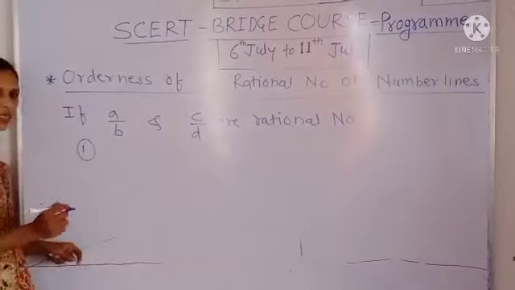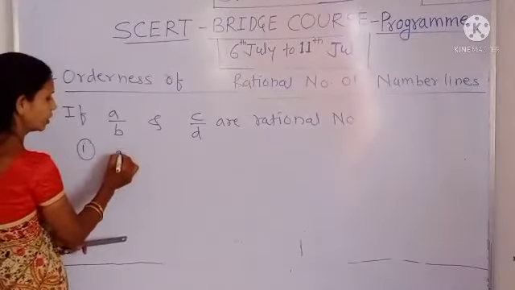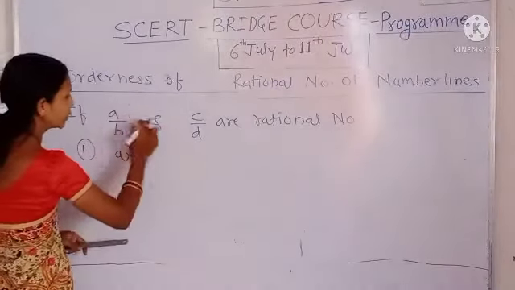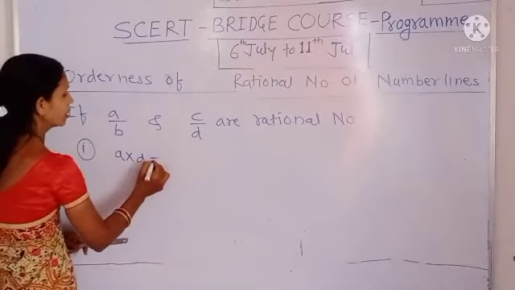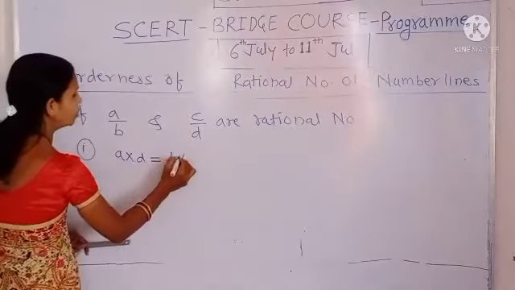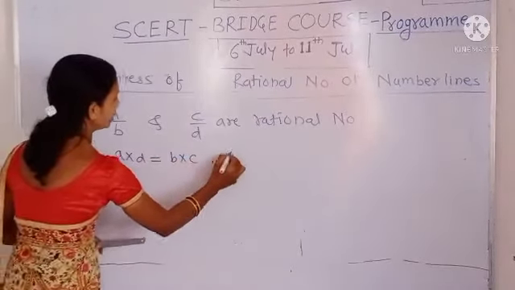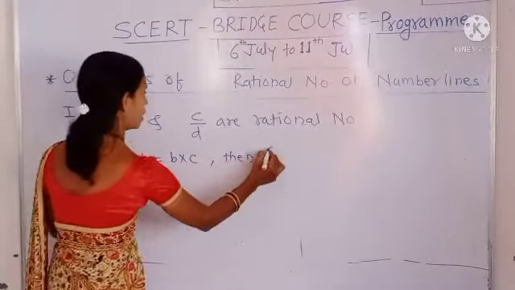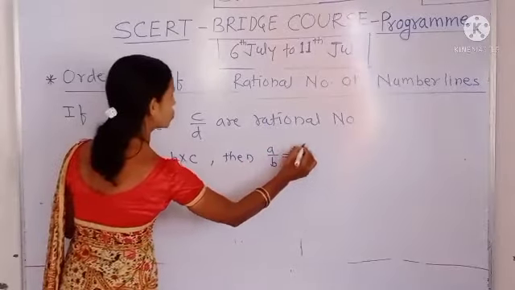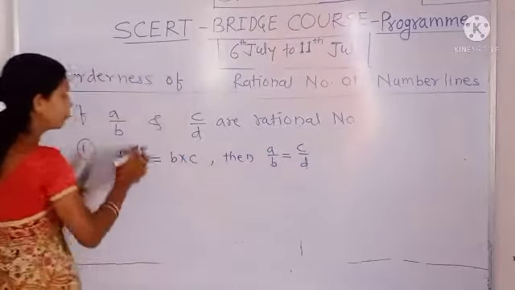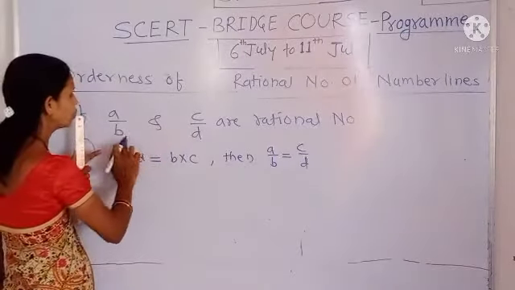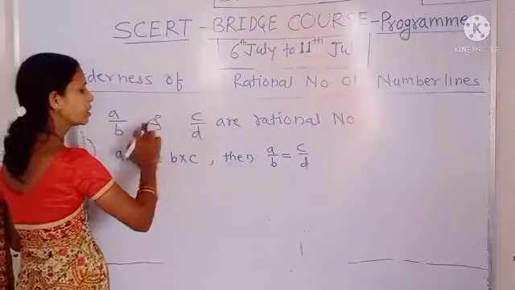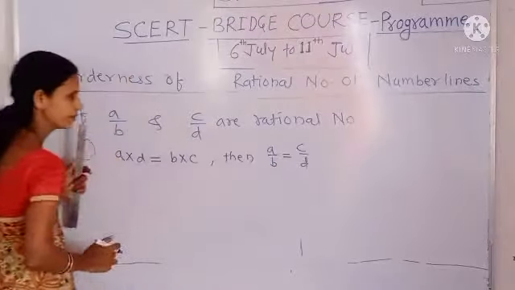First, if A into D, that means we can do the cross multiplication. A into D is equal to B into C, then here A upon B is equal to C upon D. That means if A into D is equal to B into C, then those rational numbers are equal numbers.